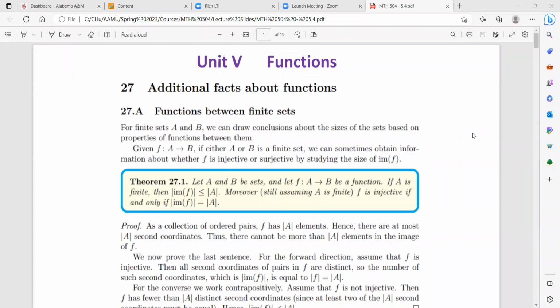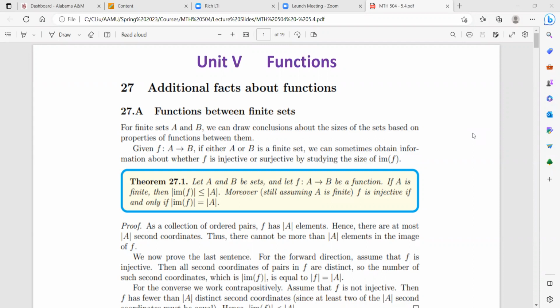Okay, so we'll just talk about some facts about the functions. We discussed injective, surjective, all of these.